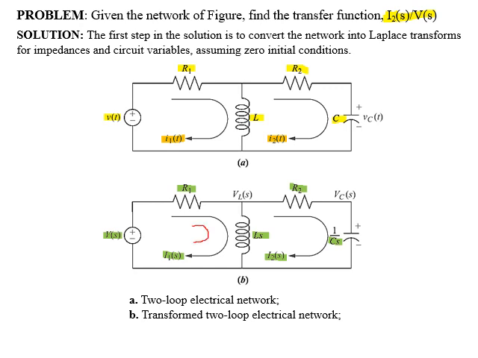Now, for rule 3, which is to define the direction of current, we'll define a clockwise direction of current i1(t), and similarly for the other mesh.